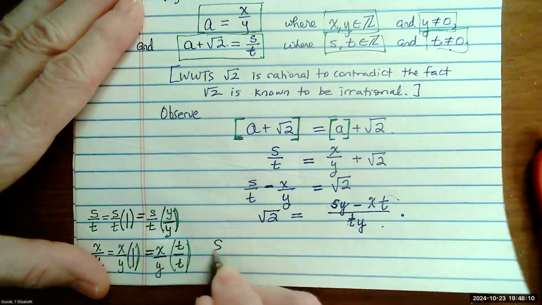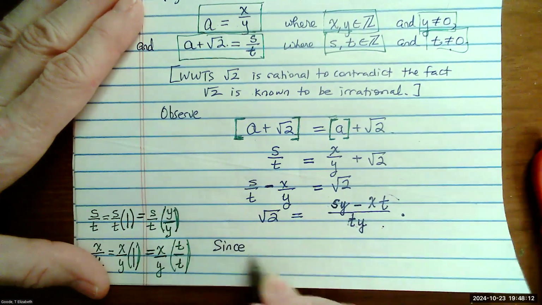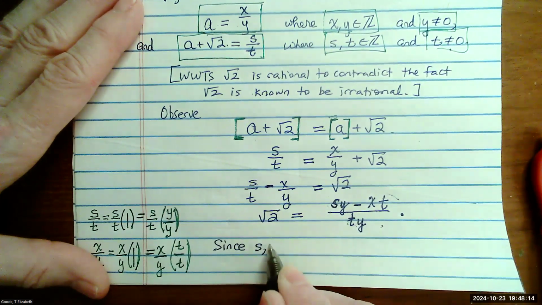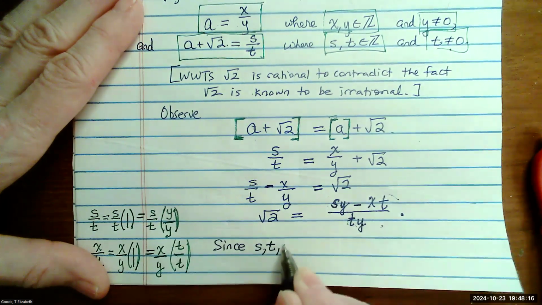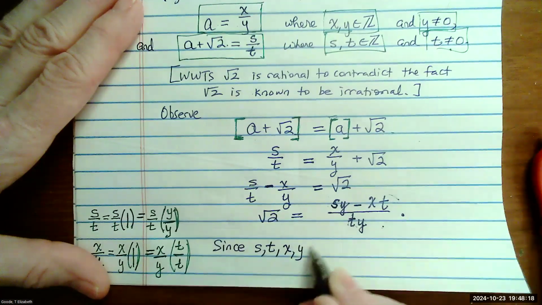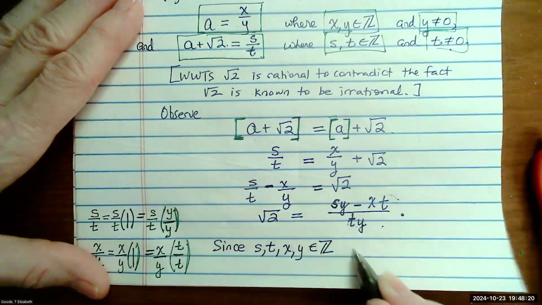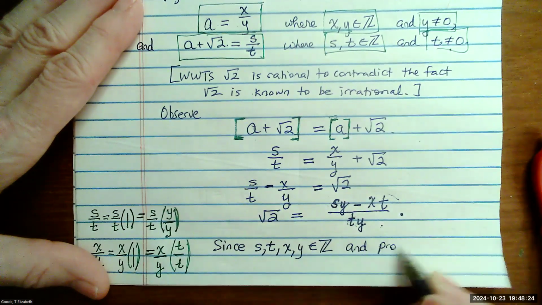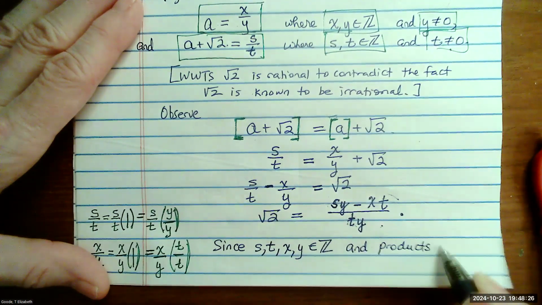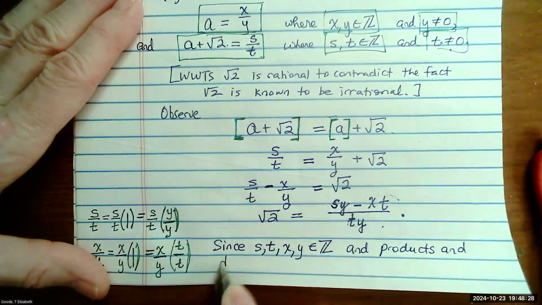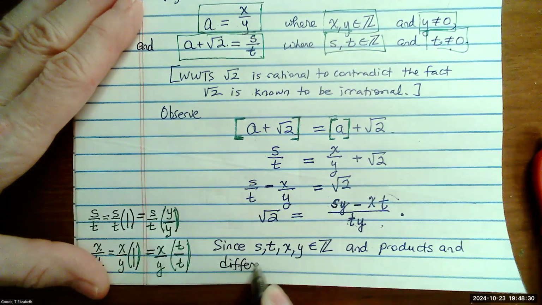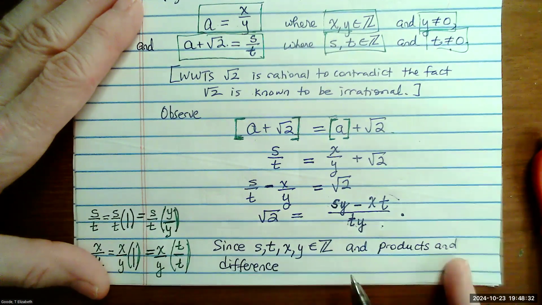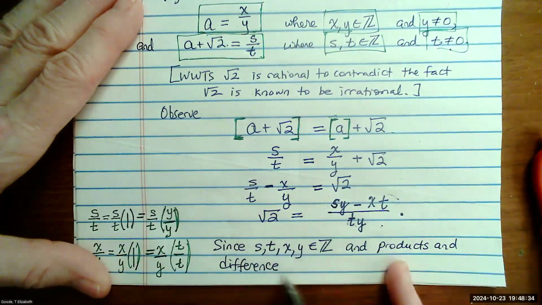Here we go. Since S, T, X, and Y are in Z, and products and differences of integers are integers, or you can say closure of Z under multiplication and subtraction.